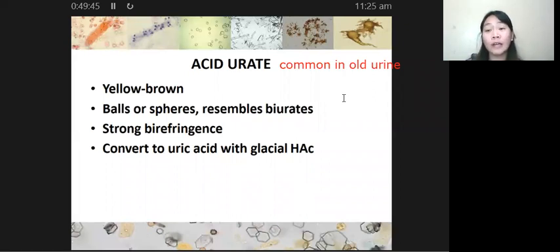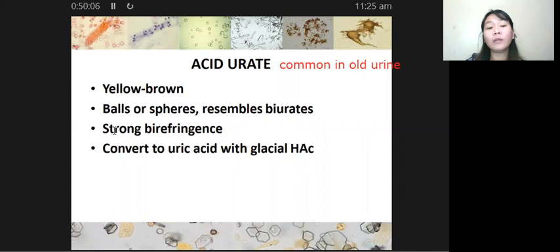However, the urine is already old. Okay, nakuha, ayan. So yung acid urate natin, nakikita siya sa acidic pH. Yung atin naman pong ammonium biurate, nakikita po siya sa alkaline pH.